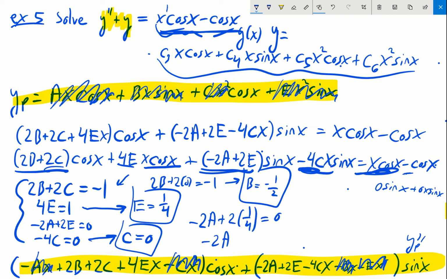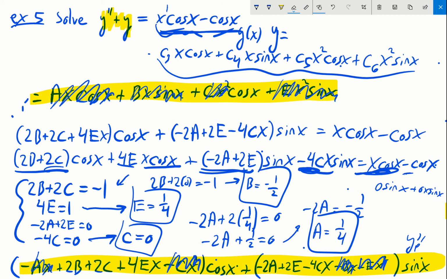That is negative 2a plus 1/2 equals 0. So negative 2a would be equal to negative 1/2. Divide by negative 2, and we would get a equals positive 1/4. There it is. So we can now go back and put it all together.